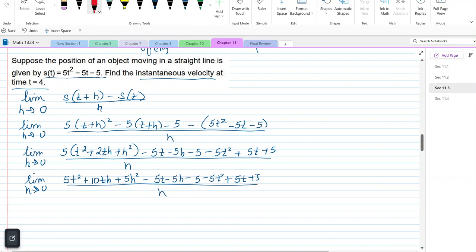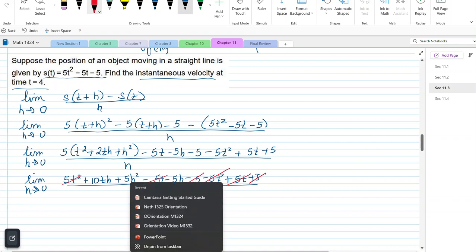Now we cancel out additive inverses within that distributive function that we just did. That leaves us all our h's, like we said before.